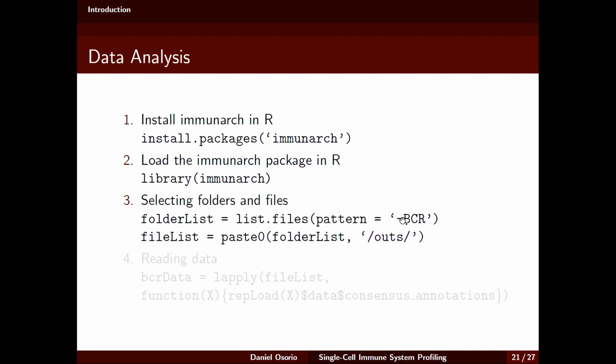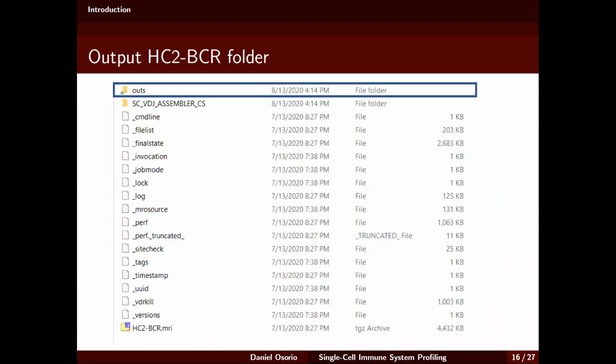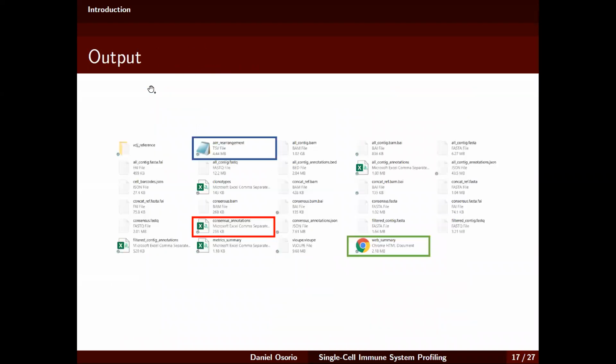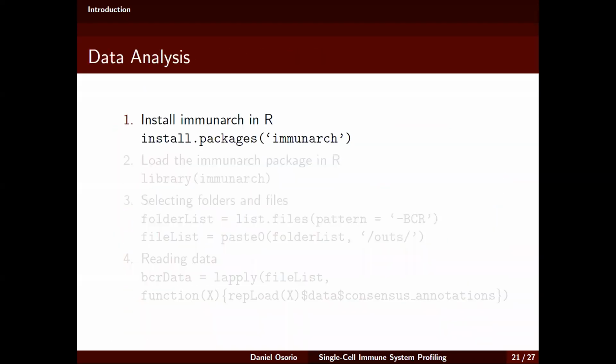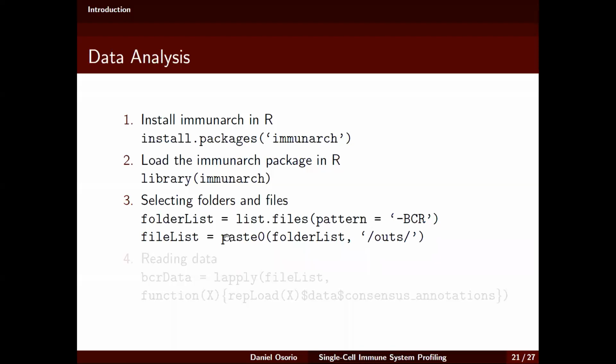And as we saw before, we have an OUTS folder inside each one of the BCR folders. So we need to tell the package where the files are located. So for this case, it will be in the HC2 BCR OUTS folder. So what I'm doing here is joining the name of the folder plus the OUTS folder inside each one of them.